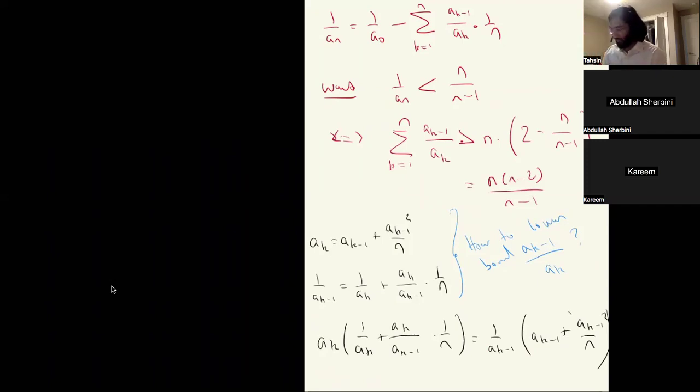So maybe one thing I'll point out, I think there's a mistake in the second equation. Shouldn't it be a of k minus 1 over a of k? Here? Yes. I see. Have I made a mistake in this whole thing?